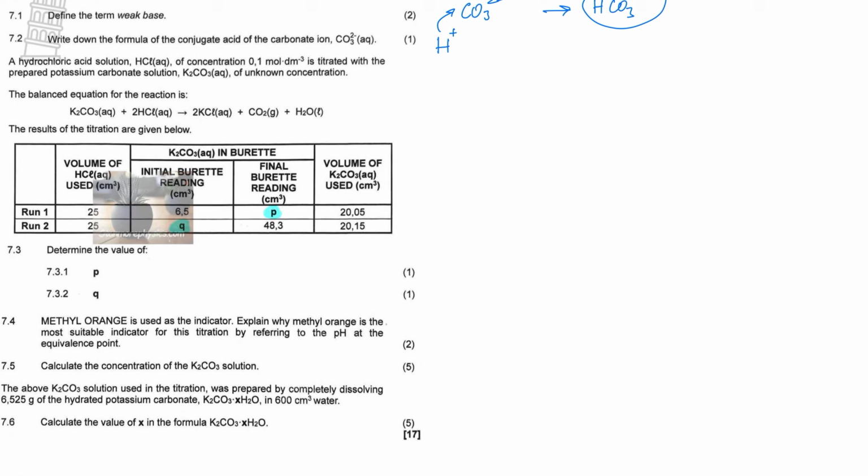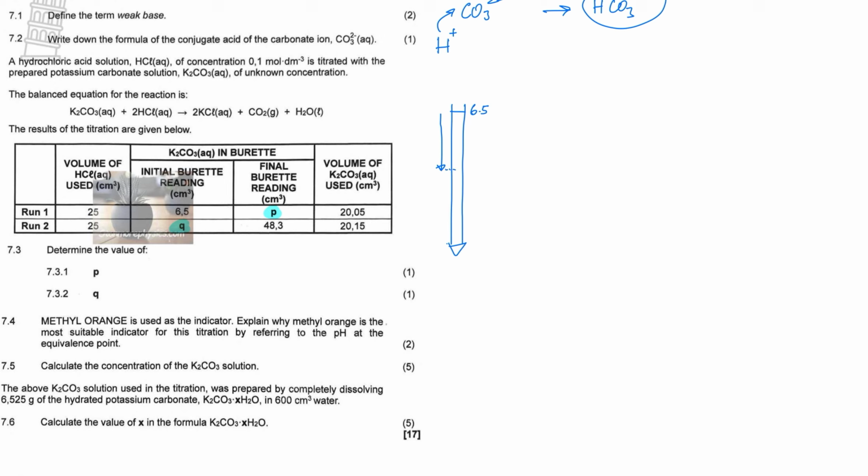Now it can be a bit confusing if you don't know how a burette works, because a burette is set up like this. You basically have a tube, and you have the numbers starting at the top. As you are dispensing liquid, the level decreases. So what they are saying is the initial reading is 6.5, right?